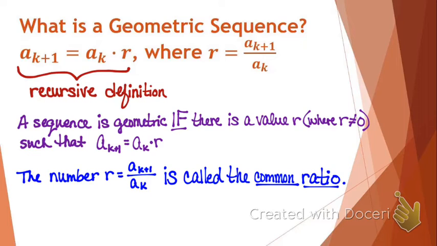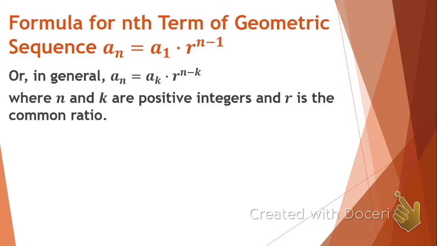And I'm going to put up the formula for the nth term. The formula for the nth term of a geometric sequence, a sub n is equal to the first term times r to the power of n minus 1.